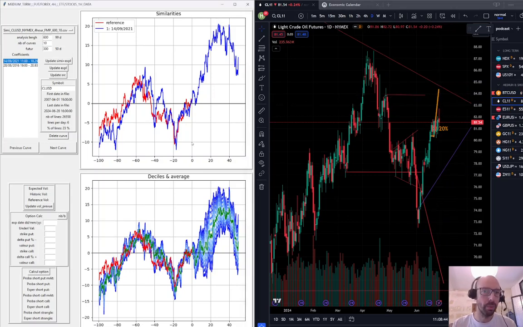All right, what do we have on similarity analysis? So we have only two curves, but still quite specific, so it can be reliable, it can be okay. Okay, here we have something that is quite well fitted.